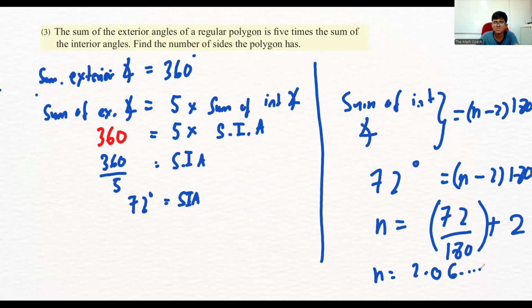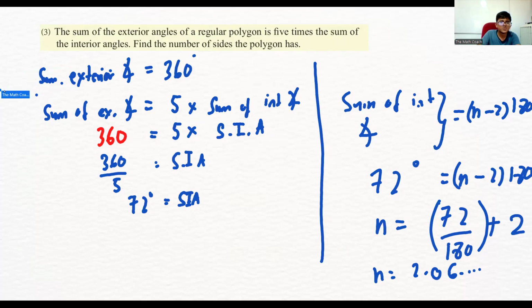So it's not possible because the number of sides should be an integer and not a decimal. Therefore, we can consider this question as a question which has a mistake somewhere. So let's go for the next question.